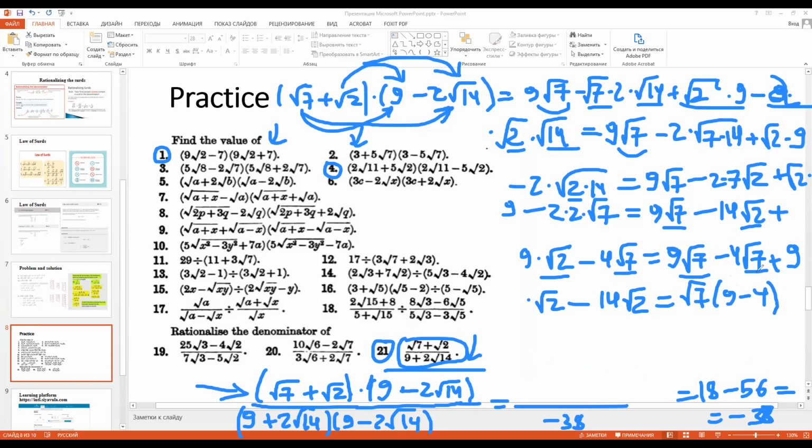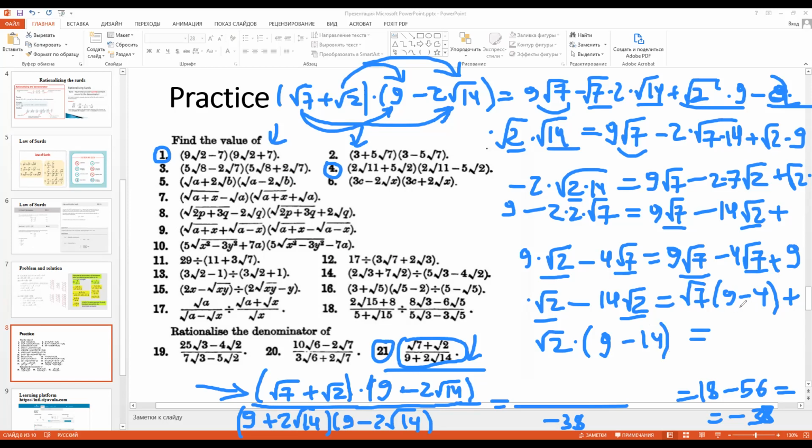And here you take out of the bracket, plus in this one minus 2, multiplied by 9 minus 14 again.